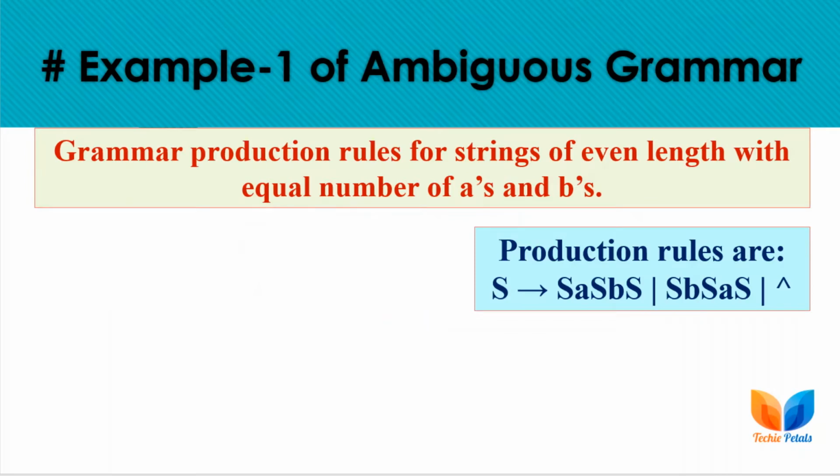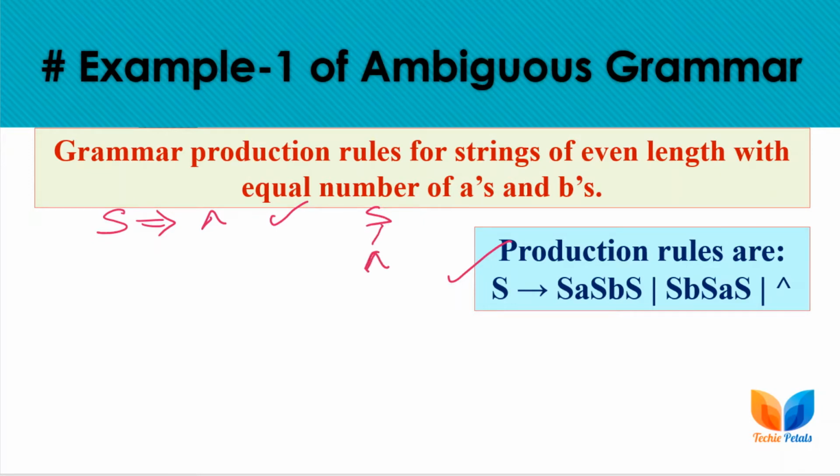Let's check whether these production rules, or this grammar, are ambiguous or not. Let's derive the minimum string, which here is null. There is no ambiguity with null, as we have only one derivation tree.